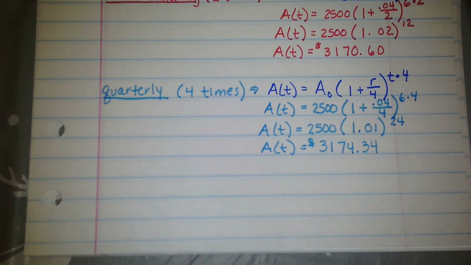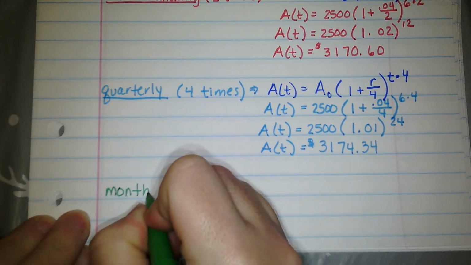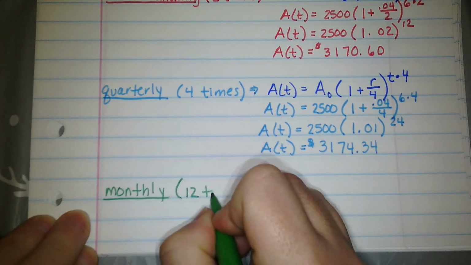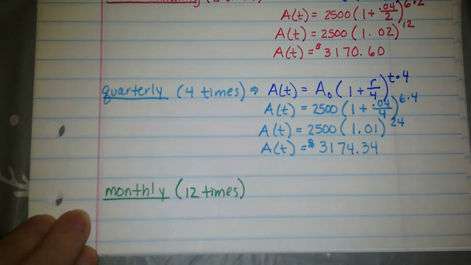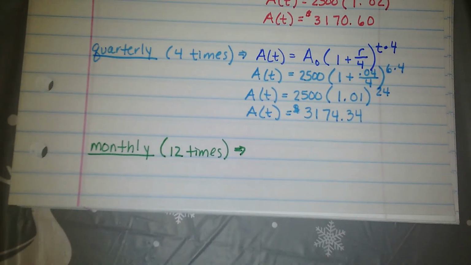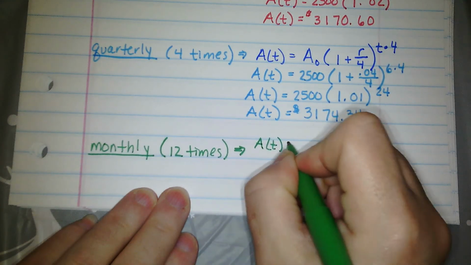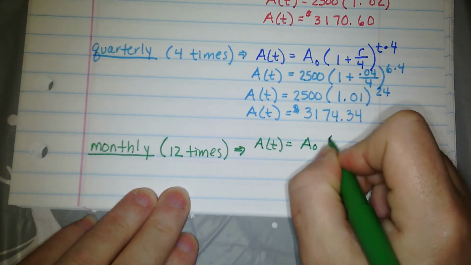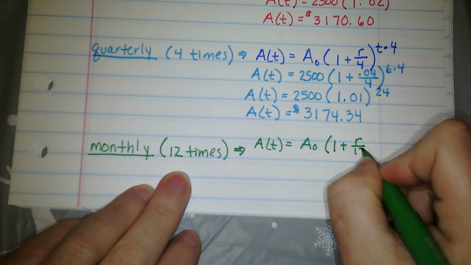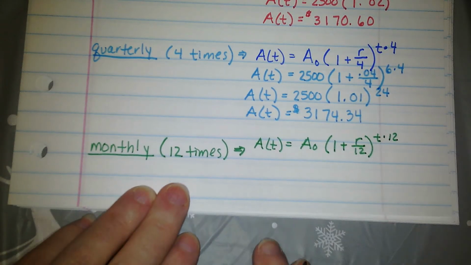Now monthly should make a bigger difference because monthly we are going 12 times. There's 12 months in a year. I think you're getting the hint now, so skip a little bit. This is 1 plus R over 12, to the T times 12.